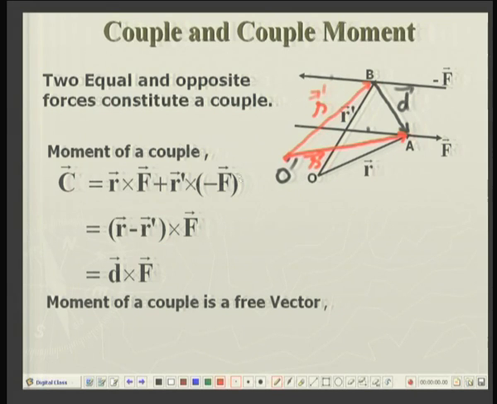Now, go through the same calculation. It will be S crossed with F minus S dash plus S dash crossed with minus F vector.